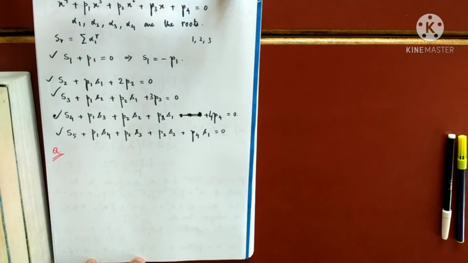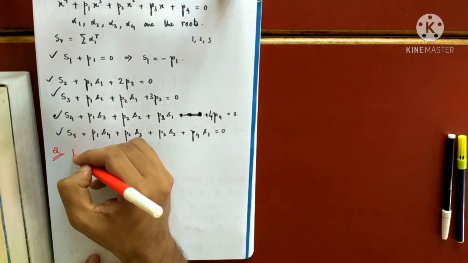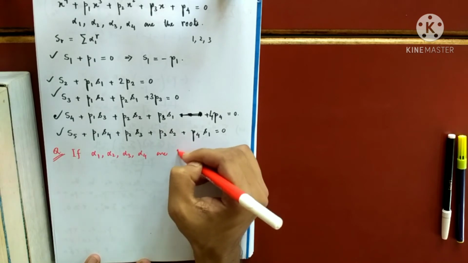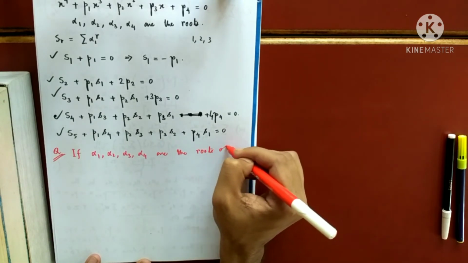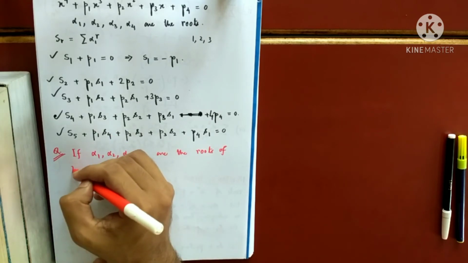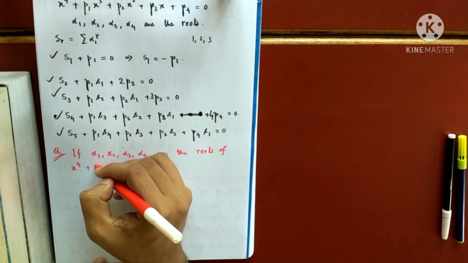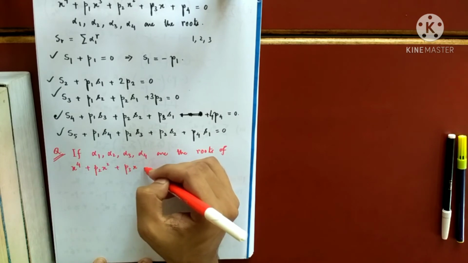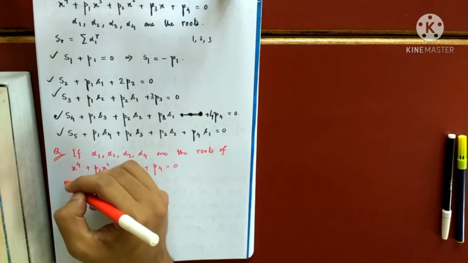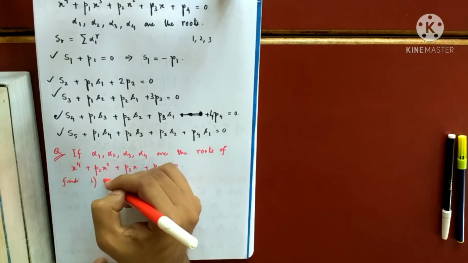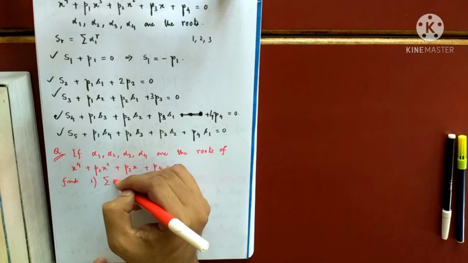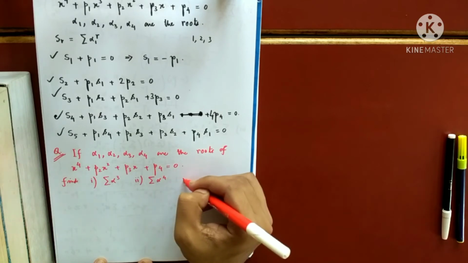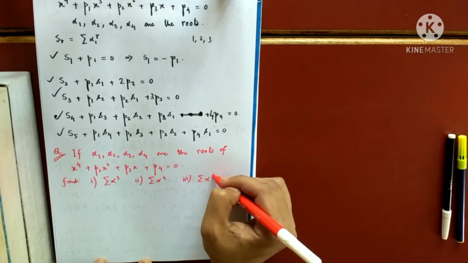What is the question? If alpha 1, alpha 2, alpha 3, alpha 4 are the roots of this equation, x to the power 4 plus p2 x squared plus p3 x plus p4 equals 0, find number 1, summation alpha cube, number 2, summation alpha to the power 4, number 3, summation alpha to the power 6.